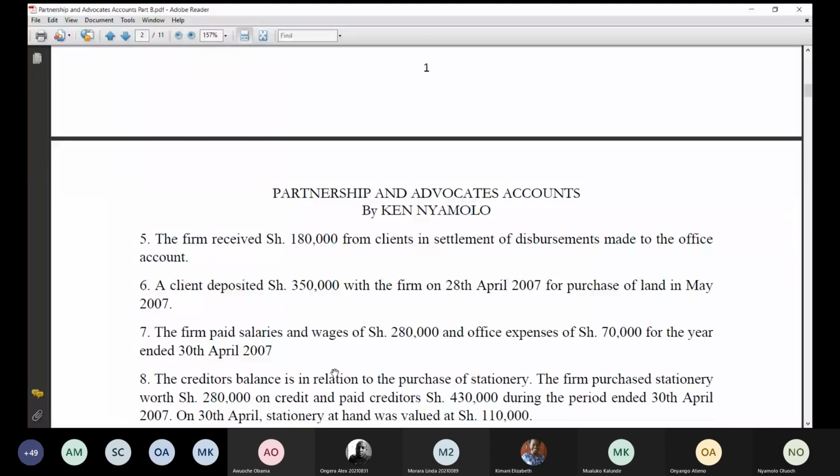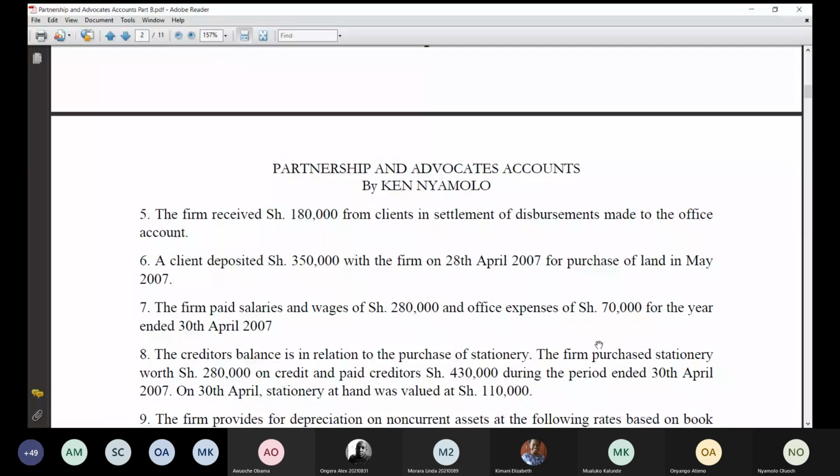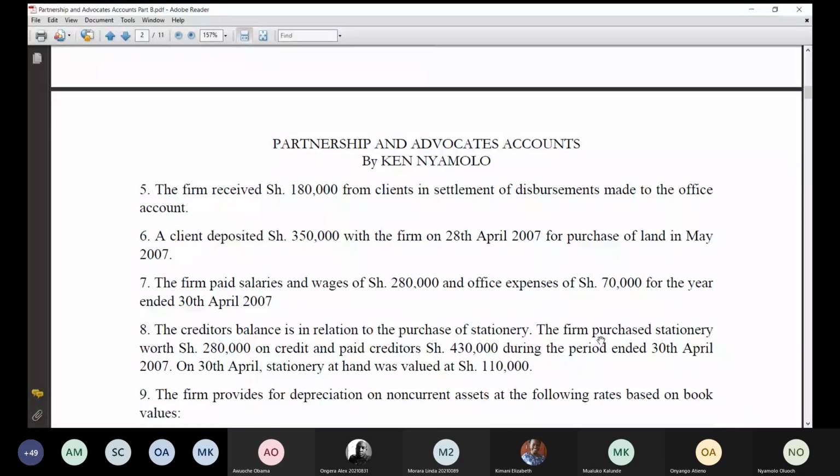Another client deposited 350,000 for purchase of land that was to be purchased in May. The firm paid salaries and wages and office expenses of 70,000. Those are free marks you pick very quickly by putting them in your cash book.